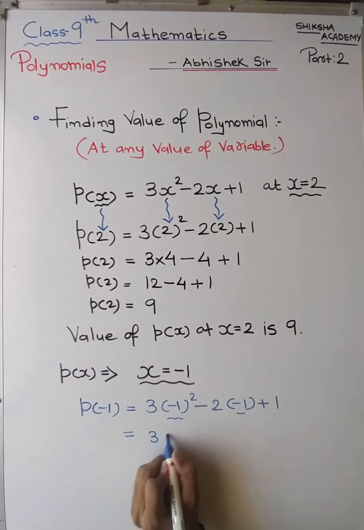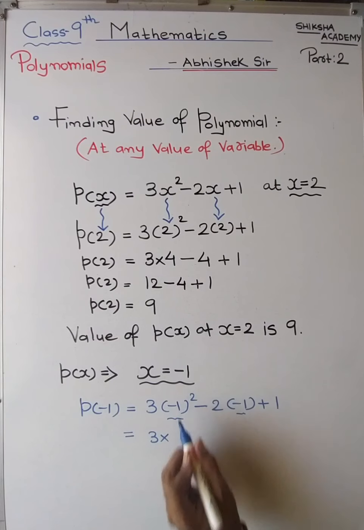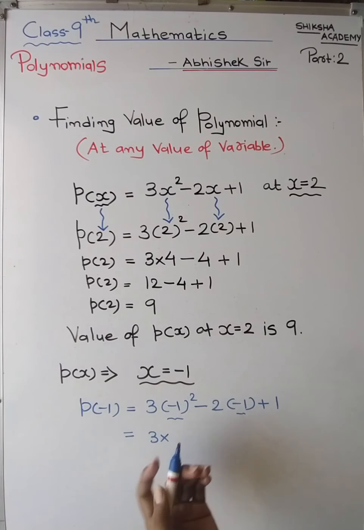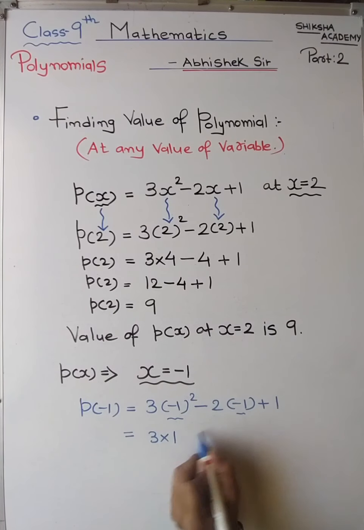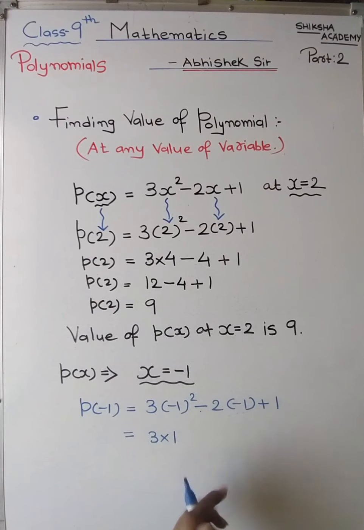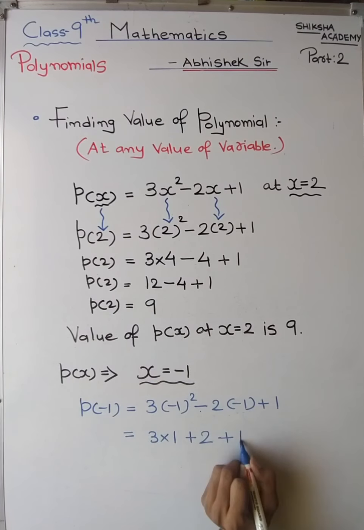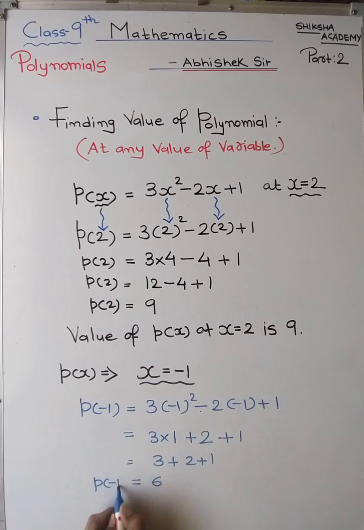Now 3 into minus 1 whole square, that is minus 1 into minus 1, and if you multiply negative with negative, it will always be positive. So it will be 3 ones are 3. Minus into minus will be plus, and 2 ones are 2 plus 1. So final answer will be 3 plus 2 plus 1, and that is nothing but 6, right?